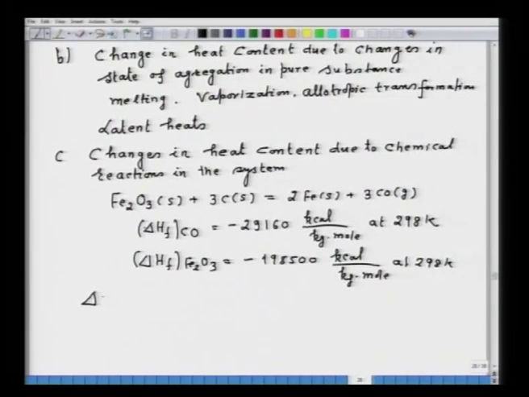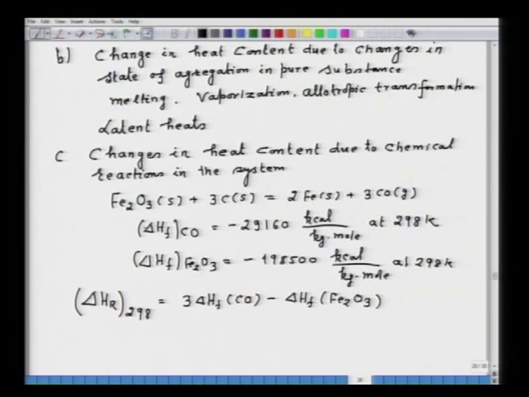So, now delta HR, that is heat of reaction at 298, that will be equal to 3 delta HFCO, that is heat of formation of product minus heat of formation of the reactant, minus delta HF Fe2O3.